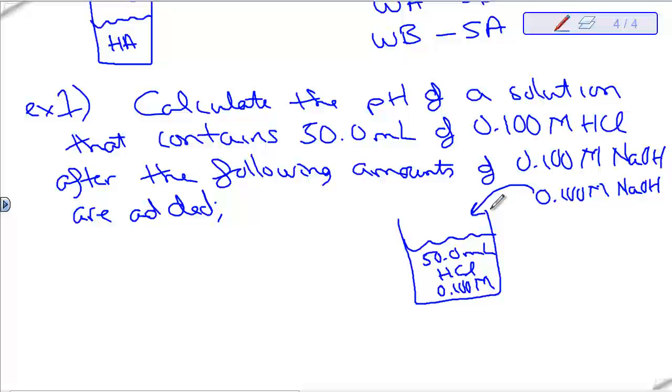At each step, we're going to add certain volumes. So for example, our first calculation will be after adding 0 milliliters of sodium hydroxide in this case. Okay? So we're going to calculate the pH at that point, and then we're going to add some base, recalculate. Add some more base, recalculate. Add some more base, recalculate.